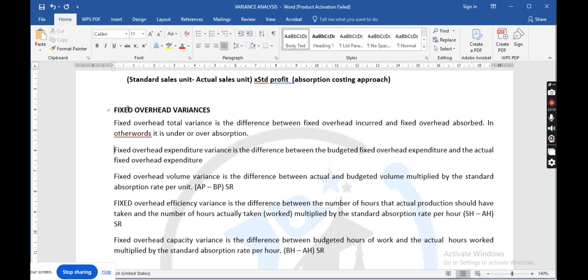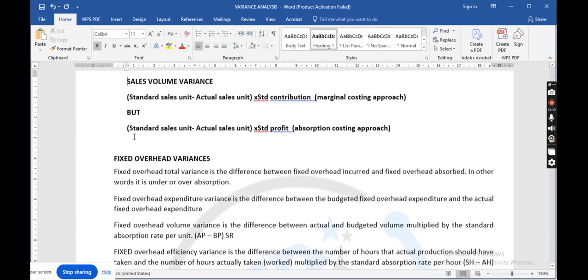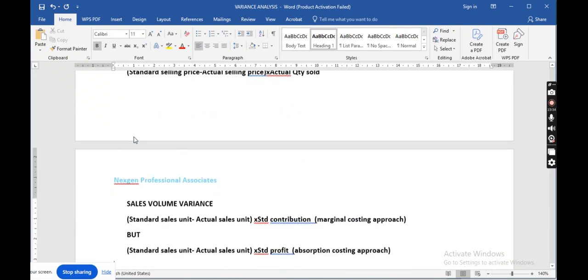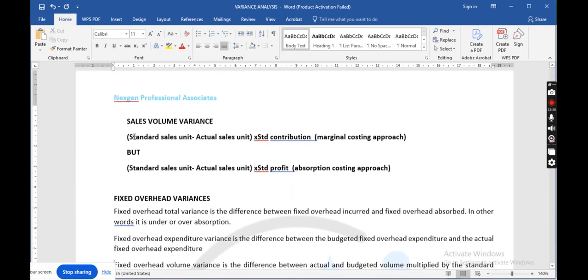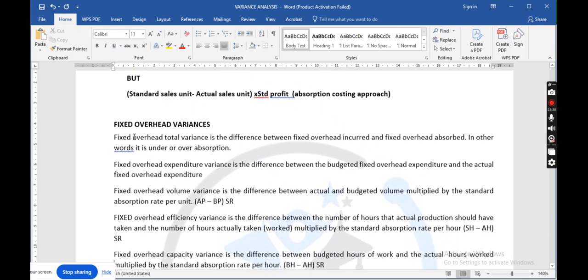The total variance is the difference between the fixed overhead incurred and the fixed overhead absorbed. In other words, it is either under or over absorption. Class, sometimes you may have what we call volume variance.